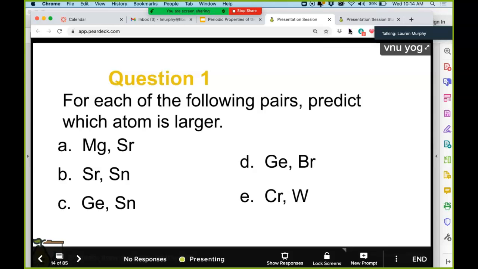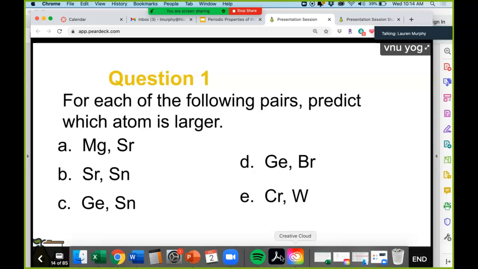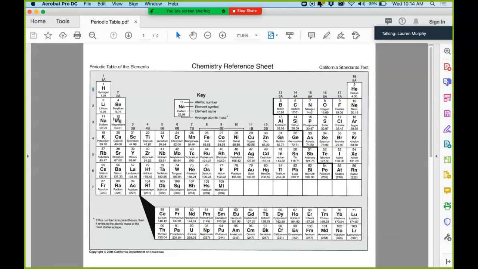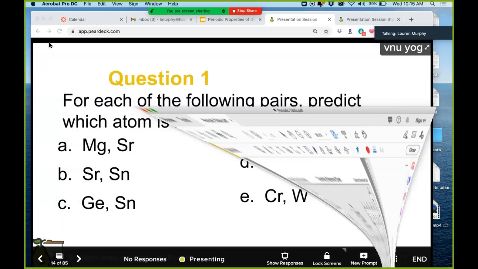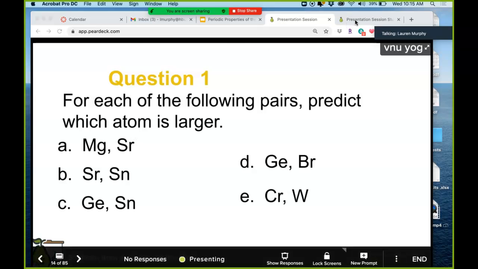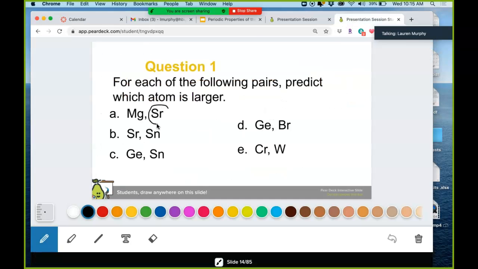So magnesium and strontium. I'm going to go on my periodic table, and I'm going to find magnesium. It's right here. And then I'm going to find strontium, and it's down here. So who is bigger? Well, pretty apparently it's going to be strontium, right? It has more shells of electrons, so its nucleus experiences a greater shielding, thus making the atom larger. So strontium is larger of the two.